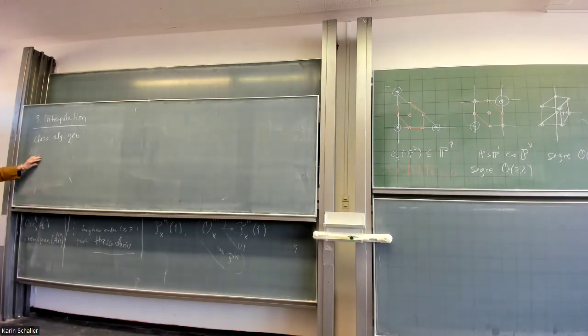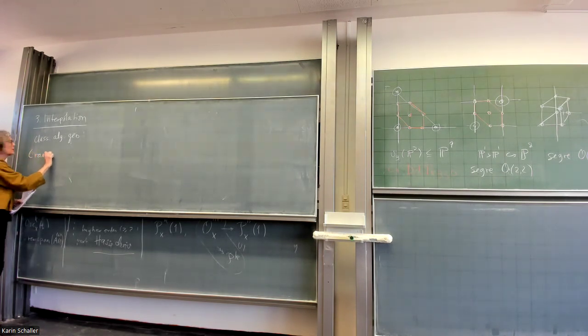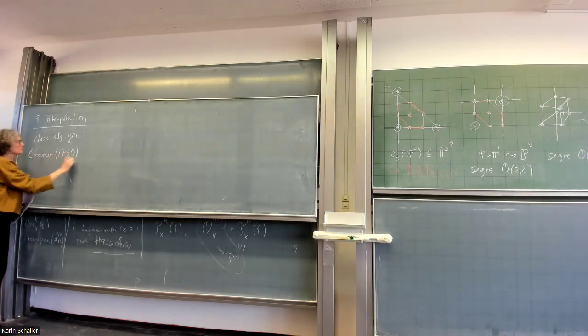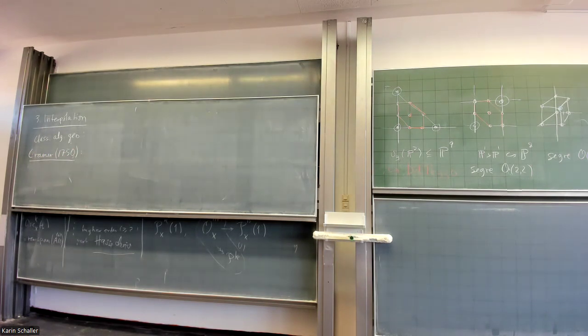And to interpolate points just means to contain them. So, of course, the superclassical problem, going back to Ragni, is to ask how many points can a plane degree D curve interpolate.